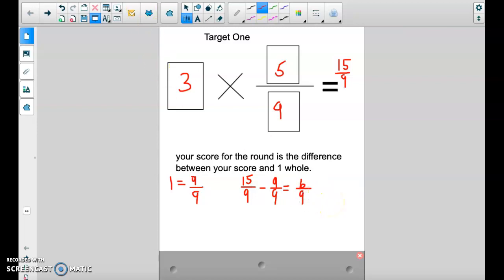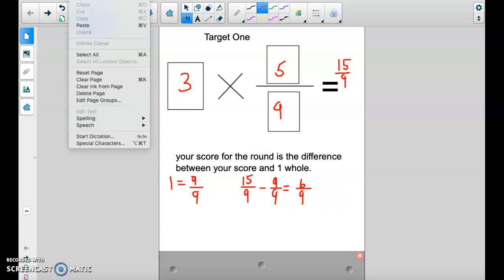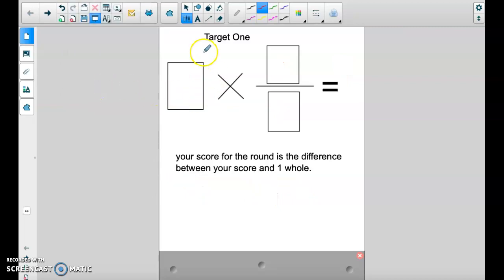Okay? But let's say that I had the numbers 1, 3, and 4. Maybe I want to do 3 times 1/4. Well, that would get me a product of 3/4.